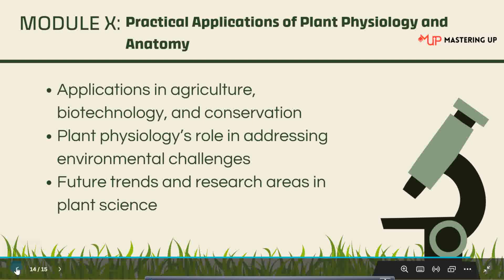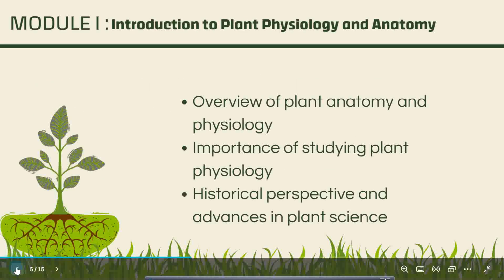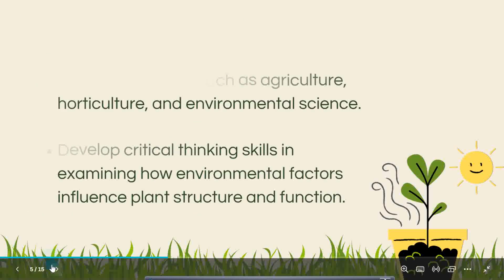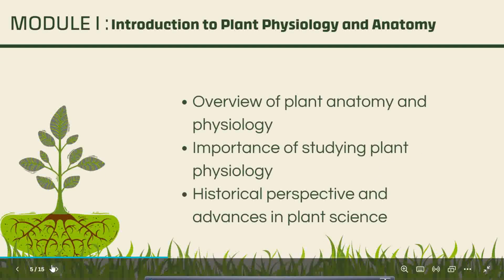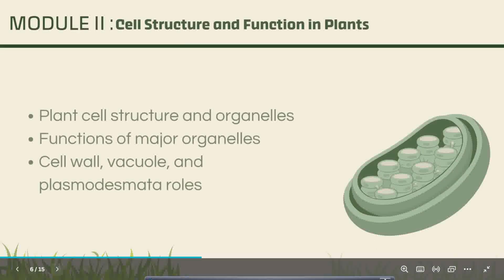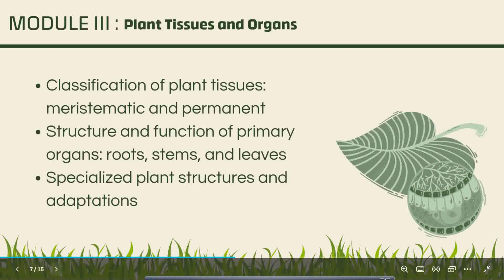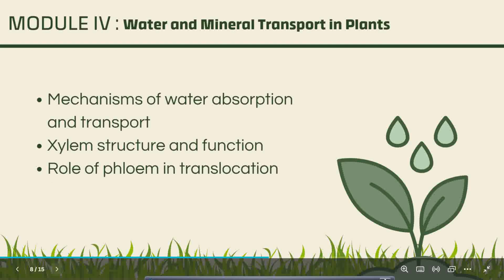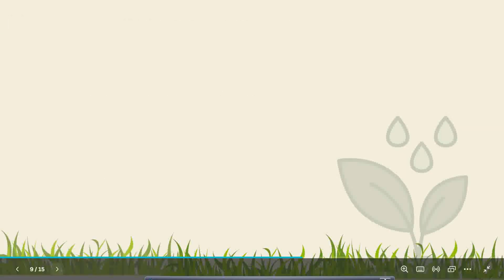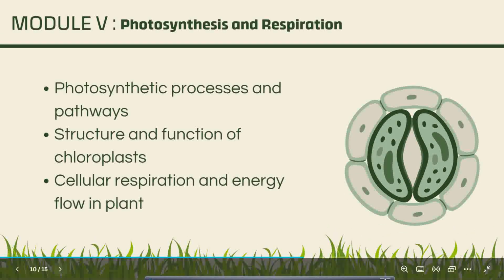In the beginning itself, you can see how these modules are changing. So first module, it's starting from the introduction. Then we are discussing the structure of the cell. Then we are discussing the tissues and organs. Then the transport system. Then the major physiological function that is happening.